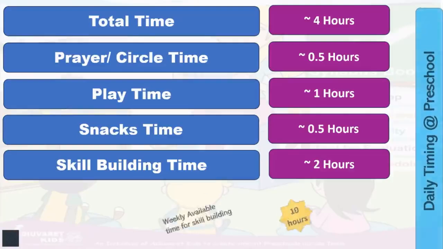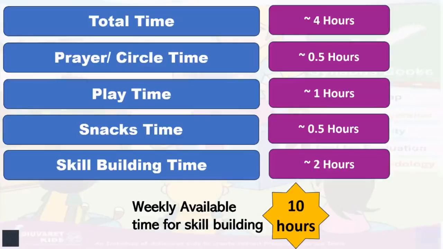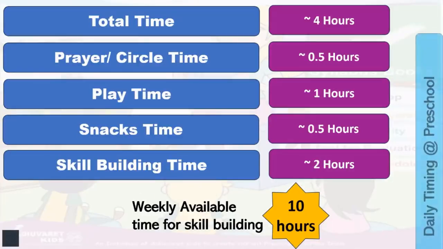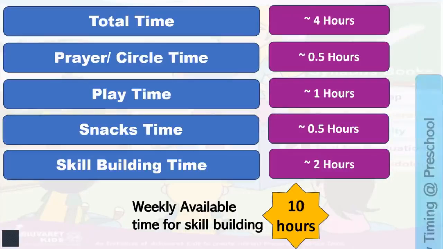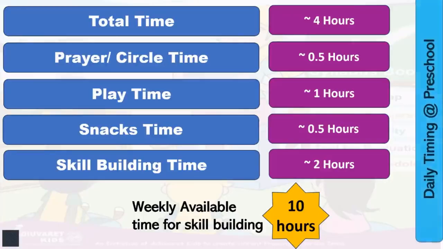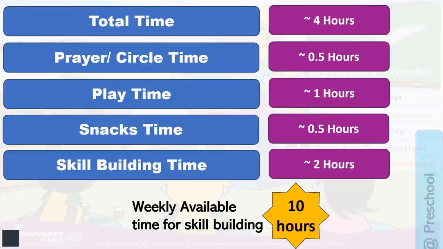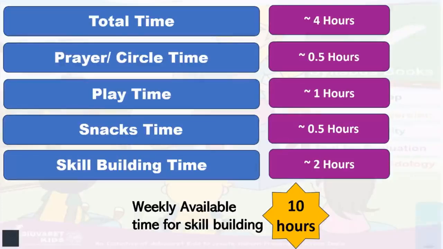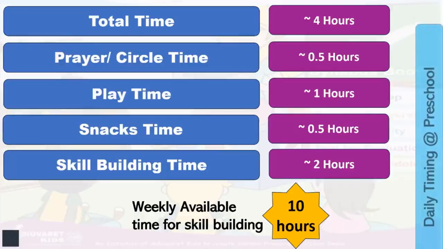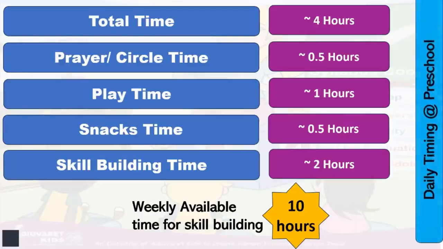After that, whatever is left is 2 hours, and that translates to around 10 hours in a week. Now, if we have only 10 hours available in a week for skill building activities, the question comes: how do we manage the teaching plans in a preschool setup?